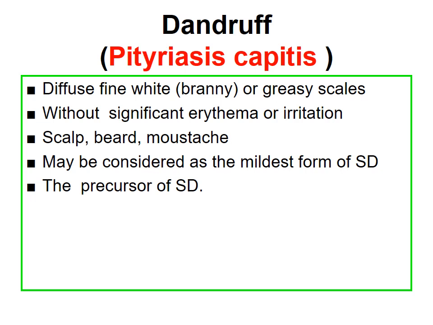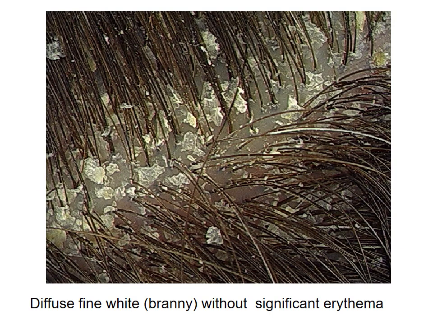Scalp, beard, and mustache are usually affected. It may be considered the mildest form of seborrheic dermatitis, or sometimes a precursor of a more severe form. This is a typical picture of dandruff: diffuse fine white branny scales without significant erythema.